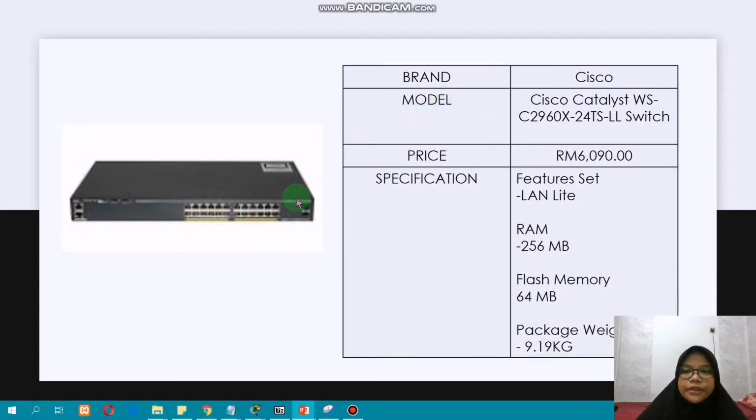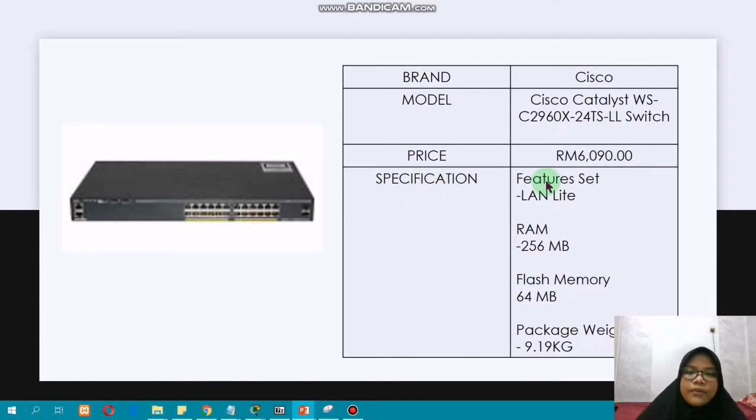For the switch, I'm also using brand Cisco, model Cisco Catalyst WS-C2960-24TT-L switch, and the price is 2,090 ringgit.